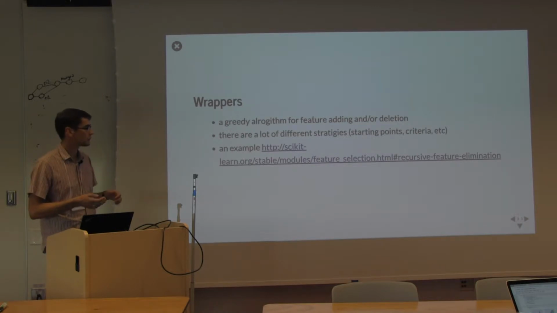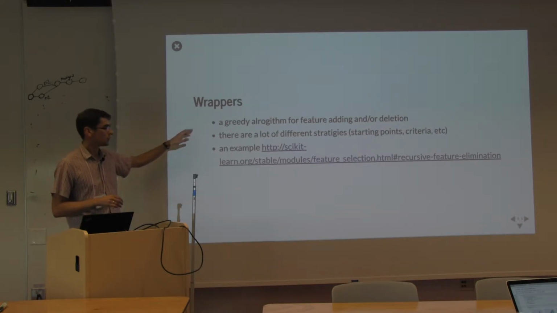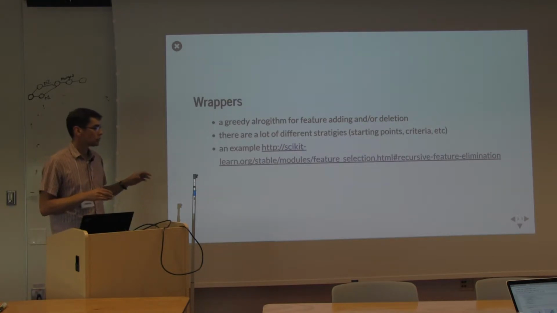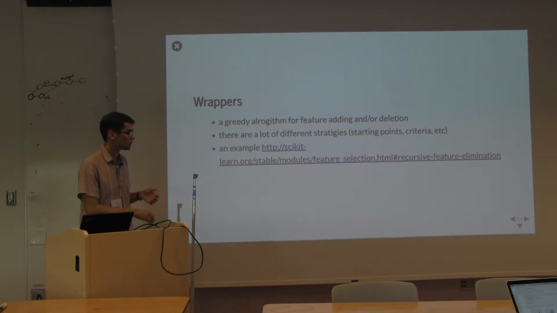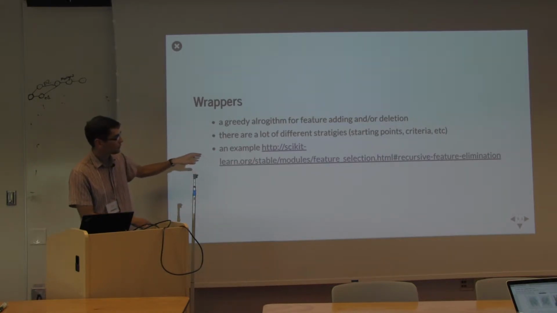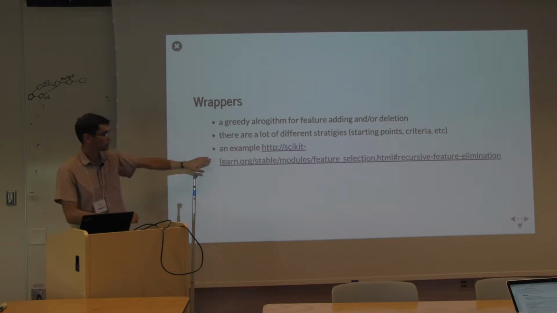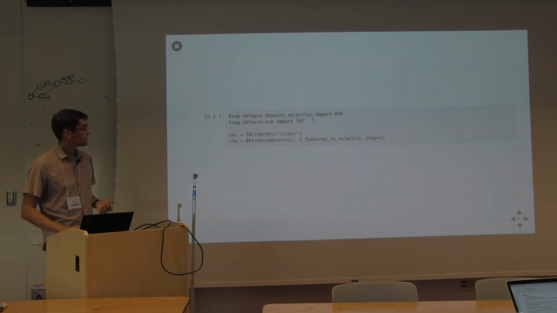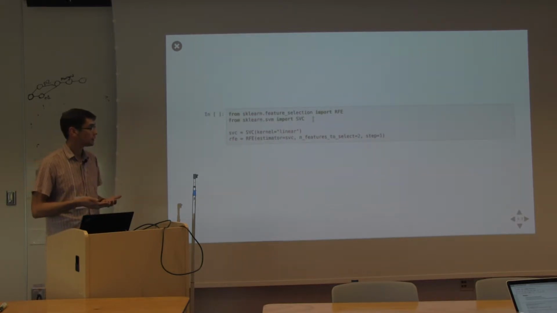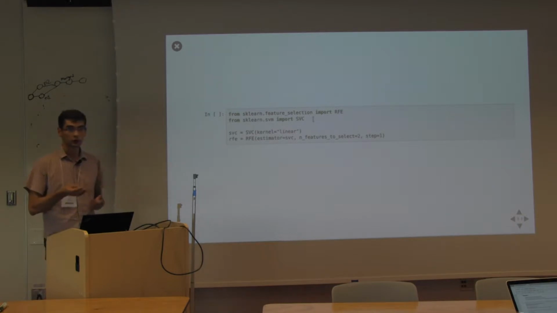Again, we can use different strategies, and probably the most frequently used and well-known method is recursive feature elimination. You can read more about this method here. So let's apply this method to our artificial three-dimensional data set.